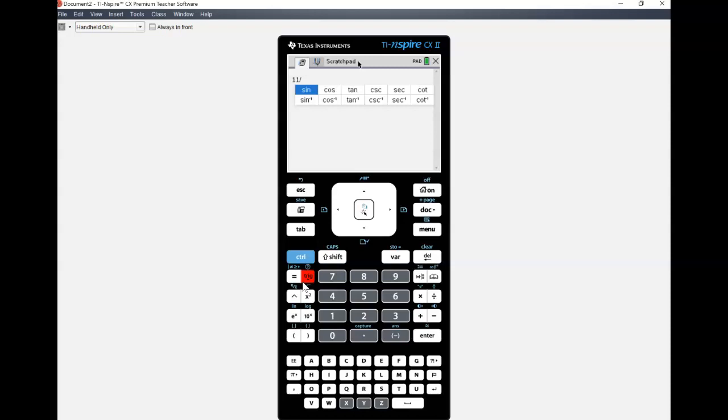You have a whole slew, everything is here. So sine of 24. Now, before you press enter, right next to your battery, does it say RAD or DEG? Okay, so it should say DEG.